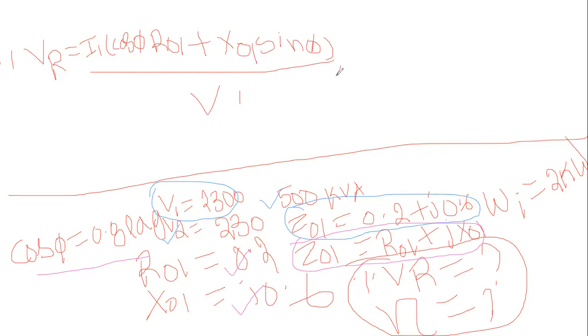There is another formula for calculating percentage voltage regulation. Percentage VR is equal to I2 into R02 cos phi plus X02 sin phi, divided by V2, where I2 is the secondary current and I1 is the primary current.